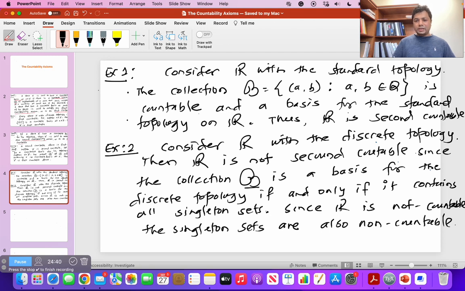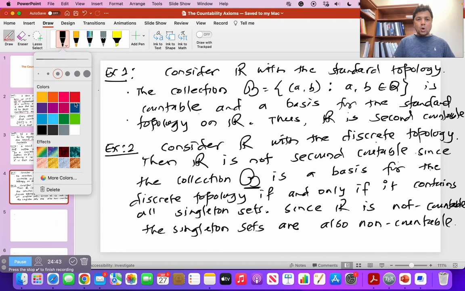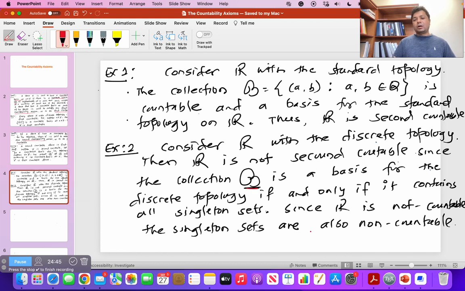And since this basis script B contains all the singletons, and the set of singletons is uncountable in R, script B is also uncountable.